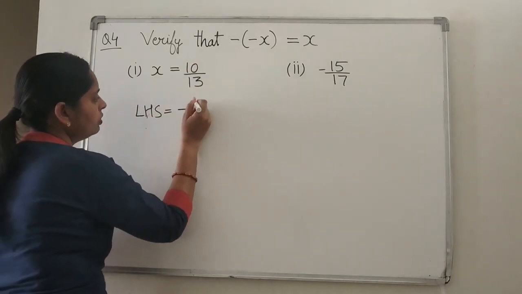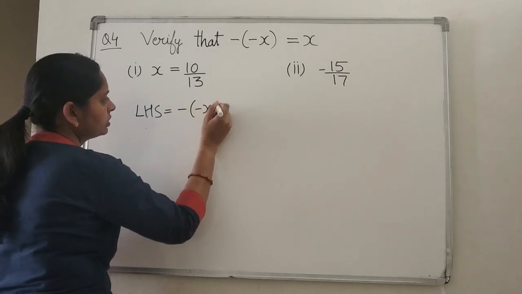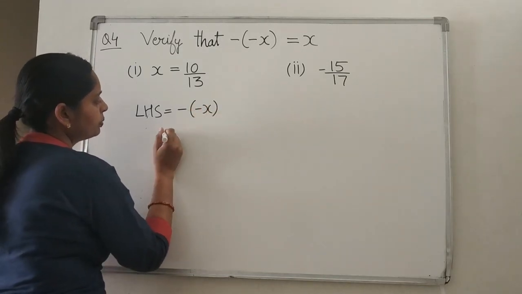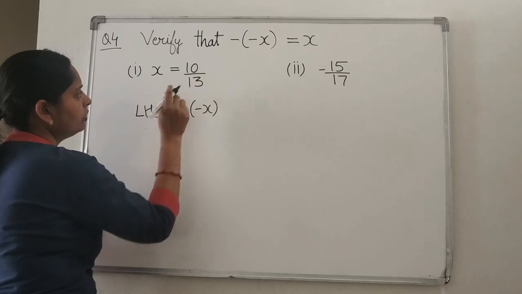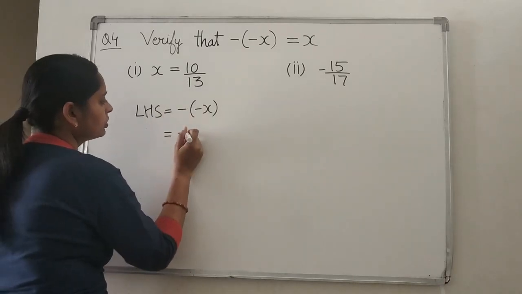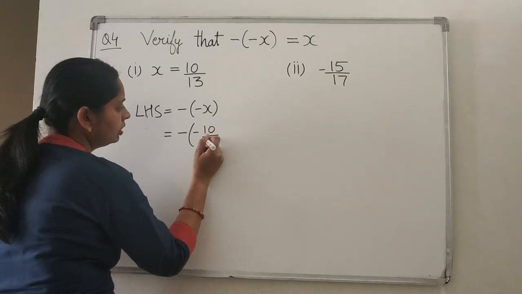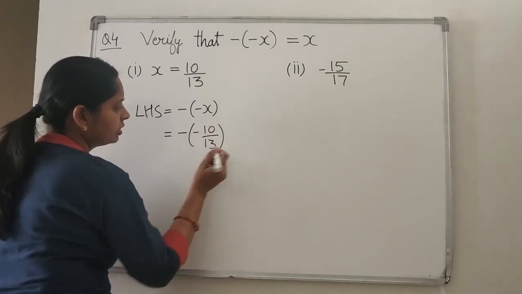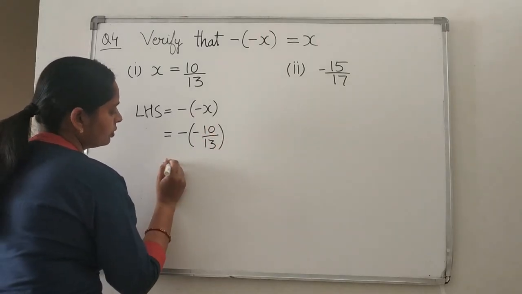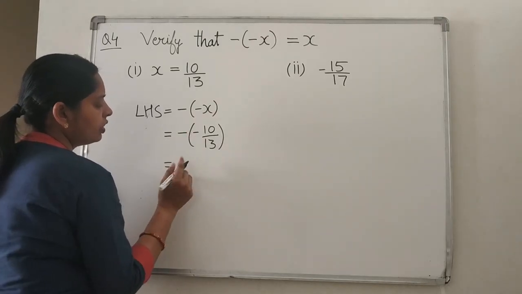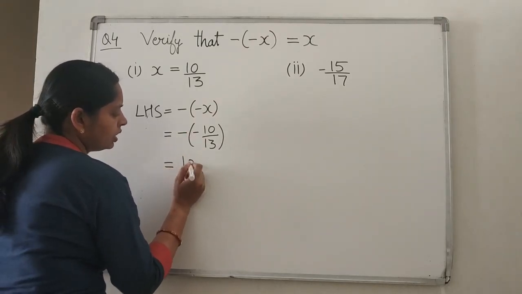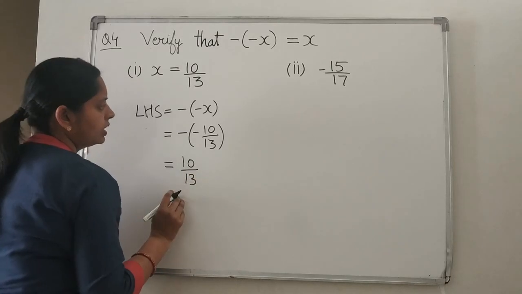LHS is equal to minus of minus x. Right? So put the value. What is the value of x here? 10 upon 13. So minus of minus 10 upon 13. Right? So minus into minus will give you how much? Plus. So 10 upon 13 is your LHS now.